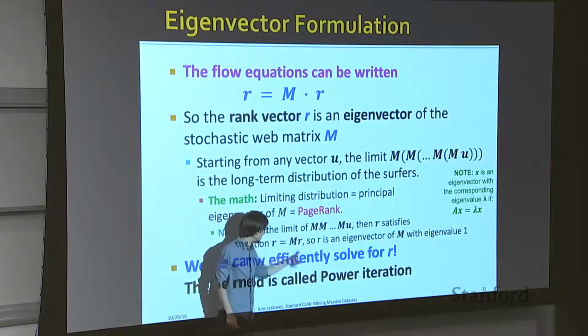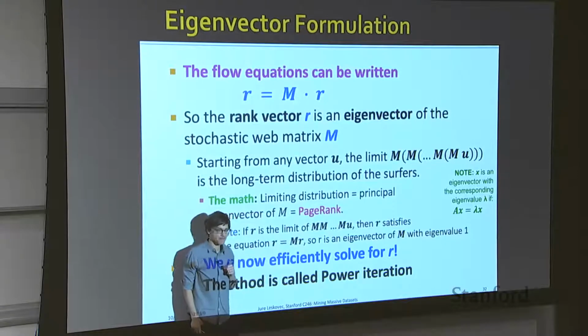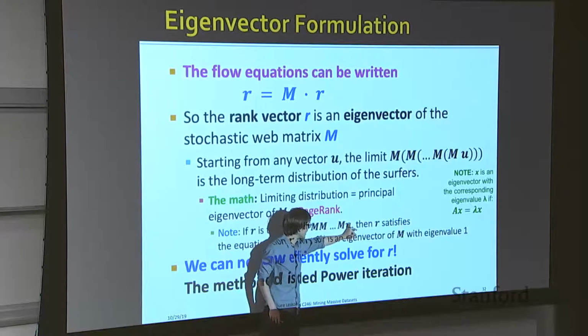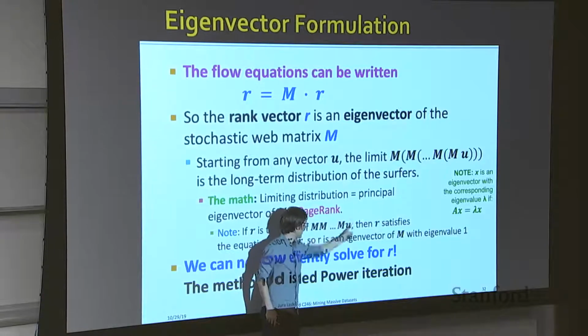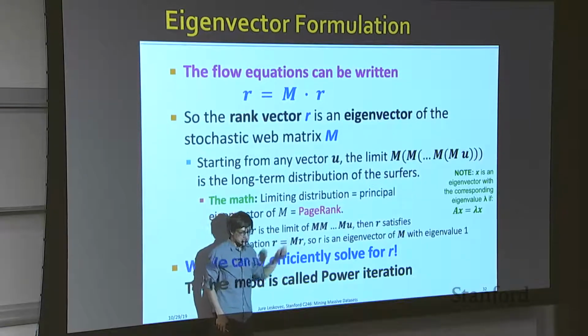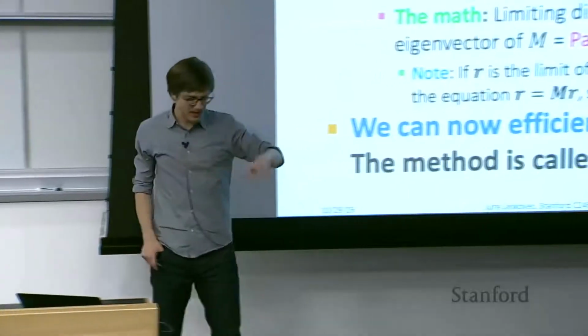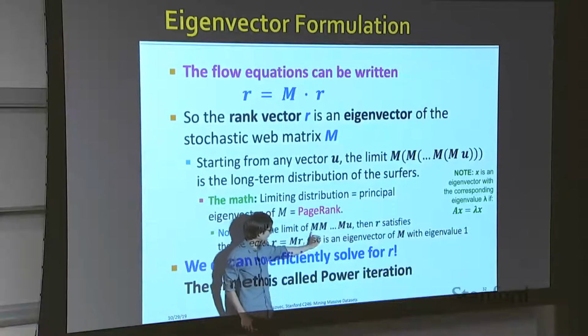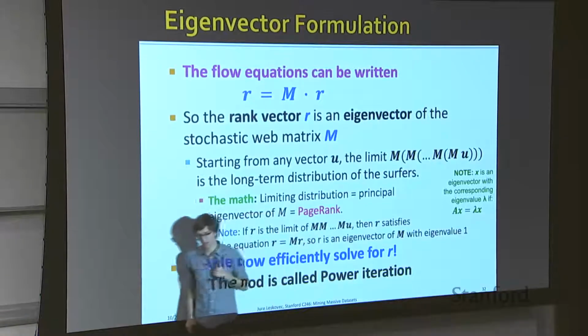If I somehow initialize r here, then this is an r, that is an r, that is an r. But even if I start with something different than r, if I keep multiplying, I will end up with r.